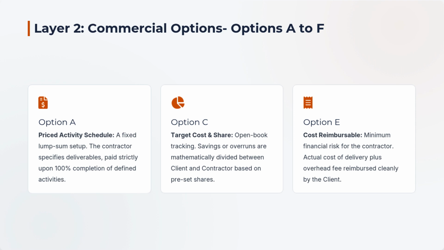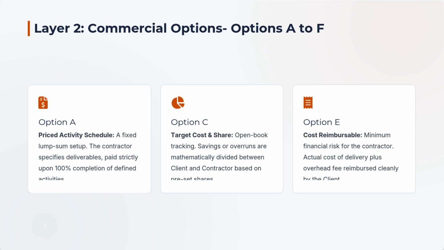For example, Option A is a priced contract with an activity schedule, essentially a fixed lump sum setup. Option C is a target cost contract with a share incentive where the client and contractor split any cost savings or overruns. Option E is a purely cost-reimbursable contract where the client carries all the financial risk. You pick one of these letters and it instantly snaps into the core clauses to establish your commercial baseline.